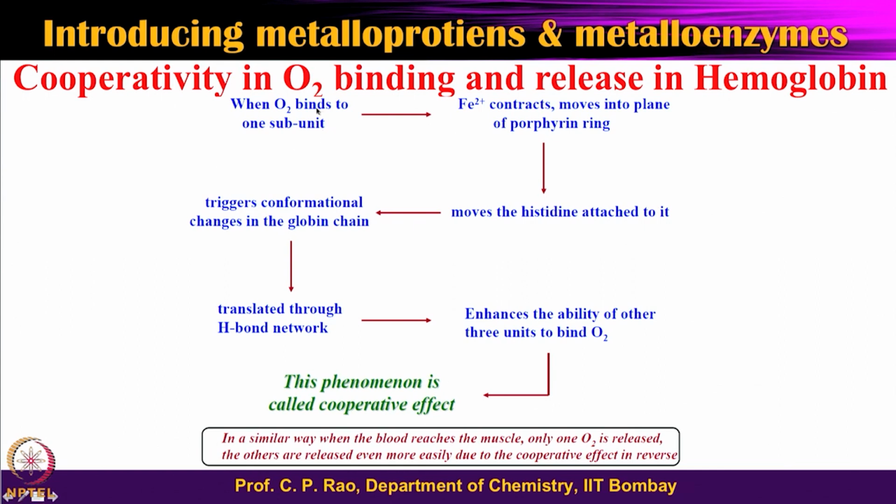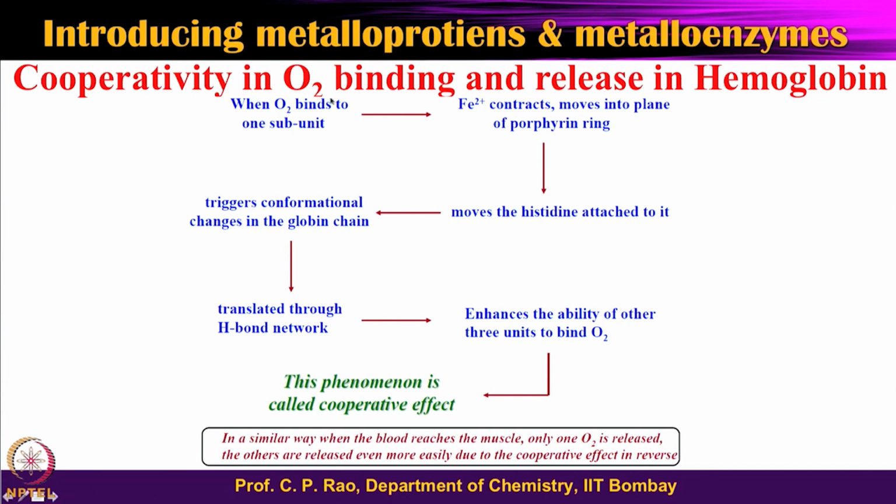This effect is happening from the heme of one subunit to the heme of the other subunit, and to the other heme, and the fourth. Similarly, when it releases, it goes exactly the reverse way. When one of the oxygens is released, then the oxygen from the rest of the heme centers will also get easily released too.